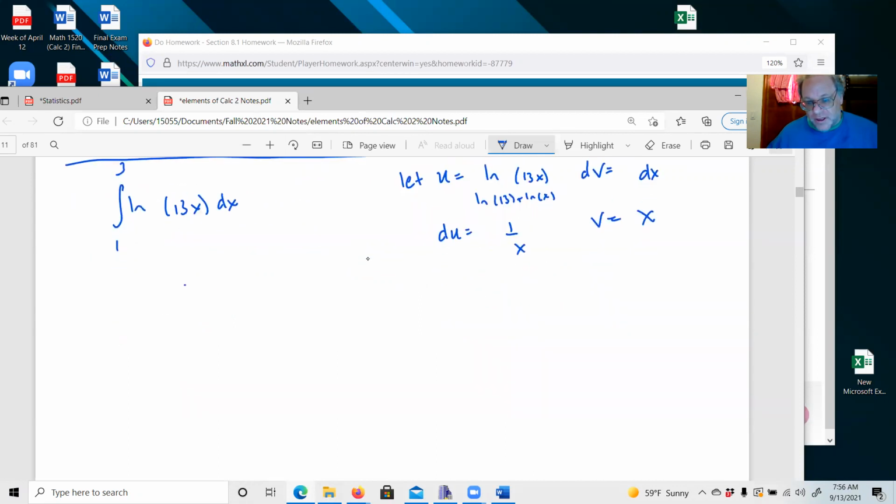So we have uv minus the integral of v du. We have x ln 13x minus the integral of 1 over x times x dx.